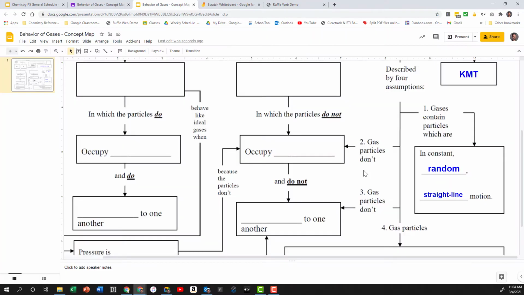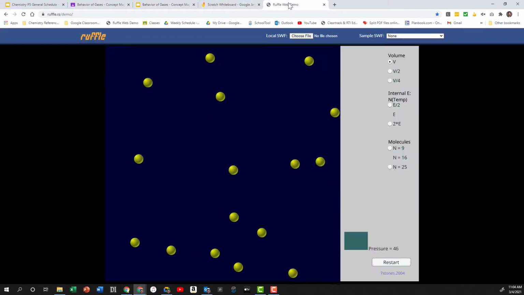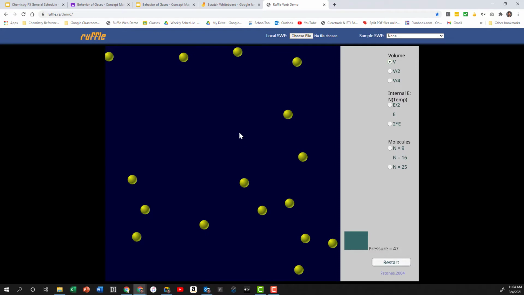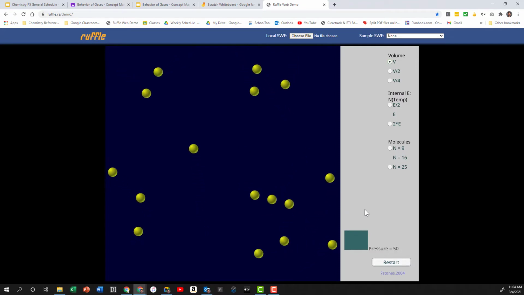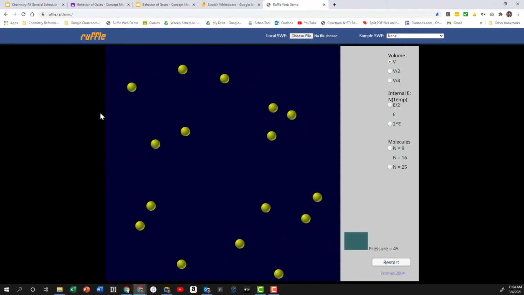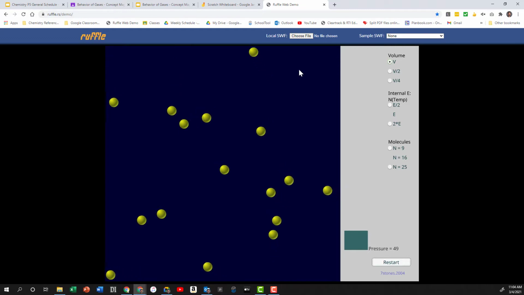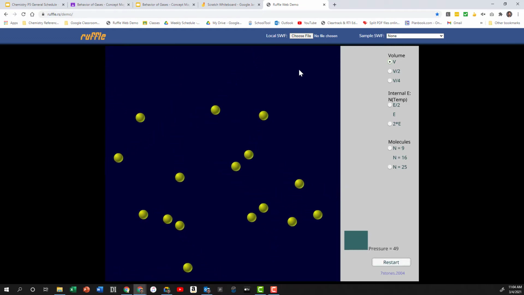The second one is that these gas particles don't occupy very much space. If we were to take all these particles and put them down in the corner of this container, they wouldn't really take up much space compared to the container, right?